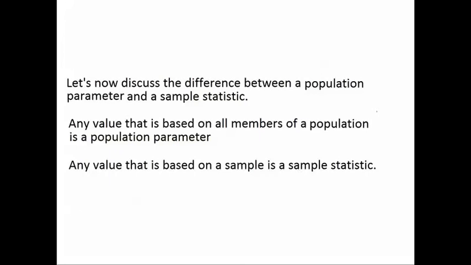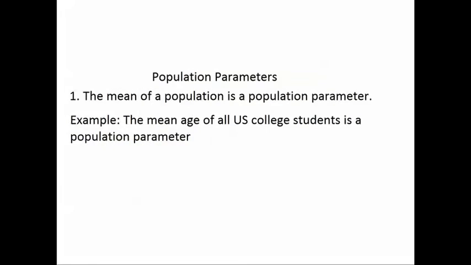So let's look at some examples. Let's start by looking at some examples of population parameters. The mean of a population is a population parameter, so the mean age of all college students in the US would be a population parameter.